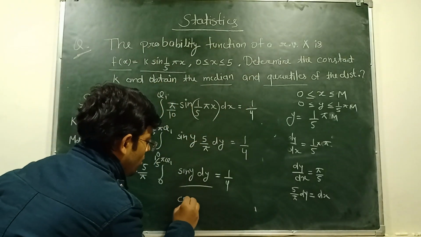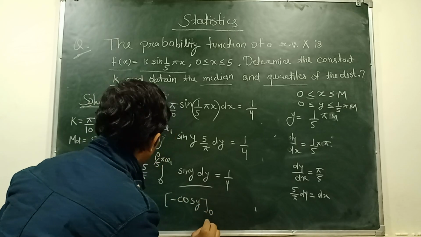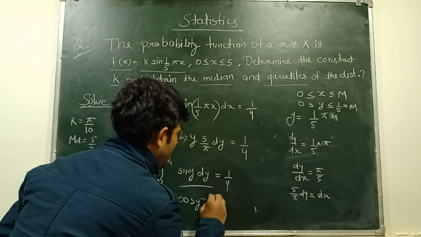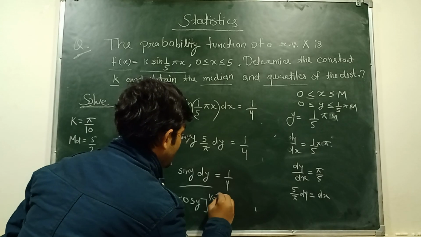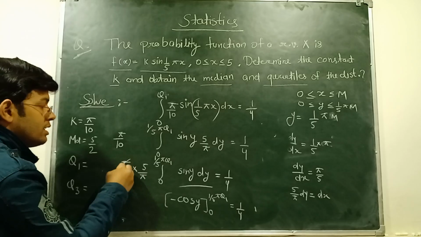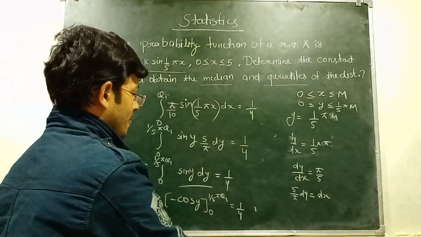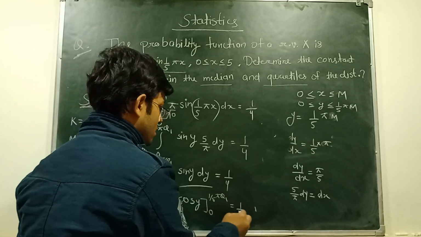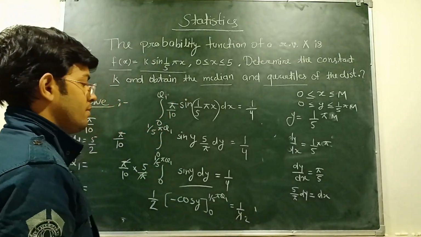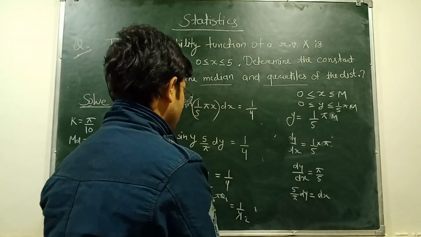So the value of this is minus cos y, the integral with limits 1 upon 5 pi q1 is equal to 1 by 4, and the constant term is 1 by 2. Now they cancel out, so this is the 2. Now we put the values of the limits.